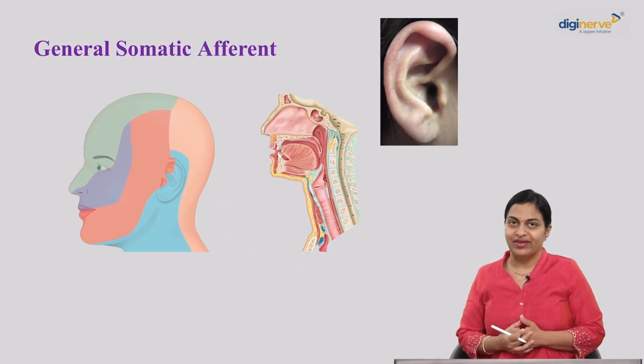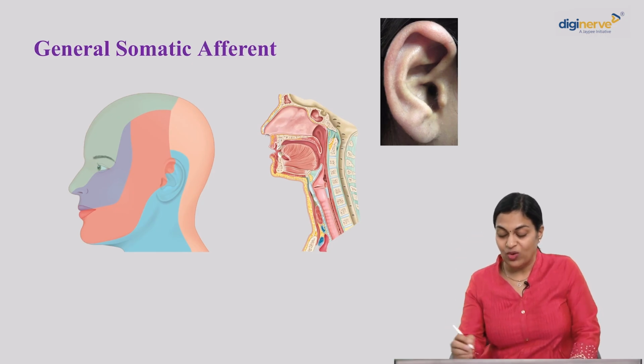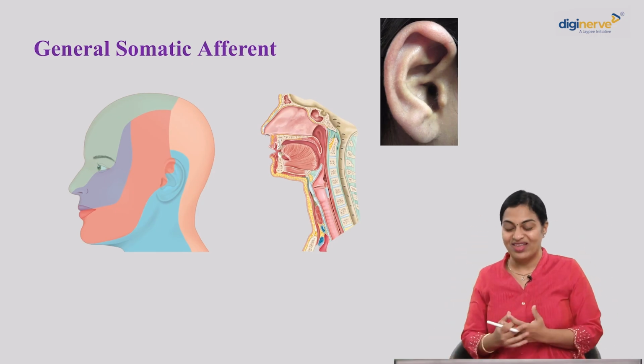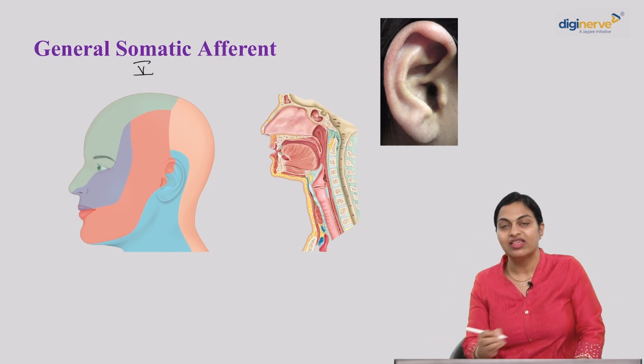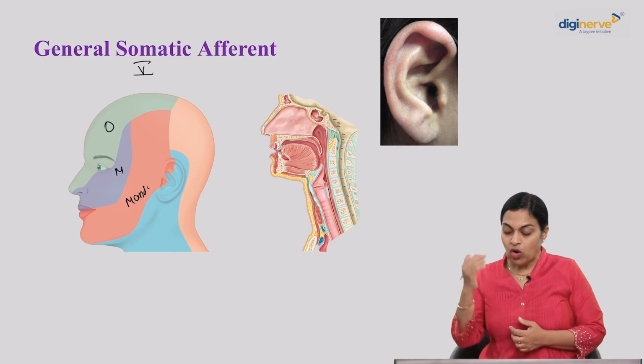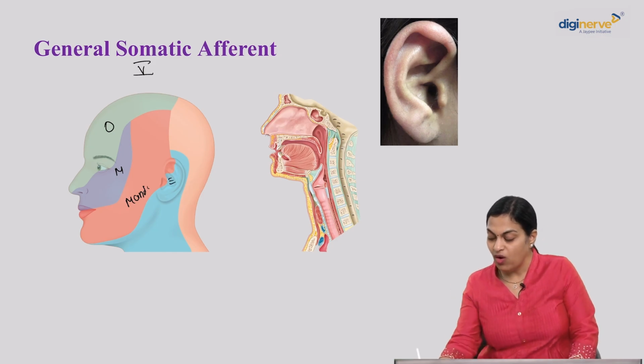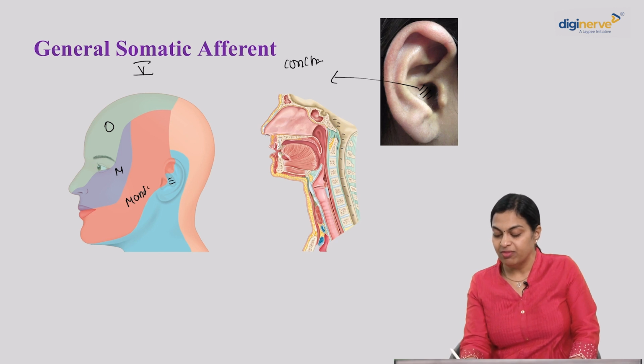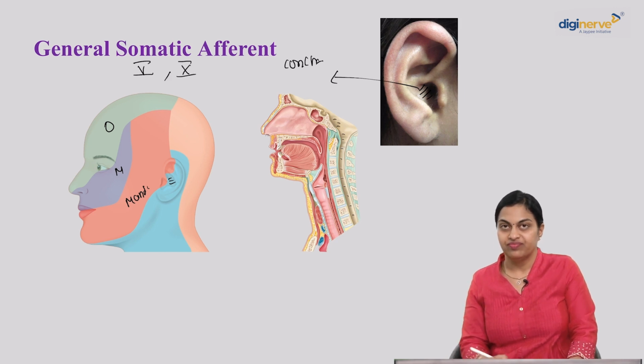General somatic afferent, especially, okay, the sensation from the face is carried by the trigeminal nerve, the ophthalmic, the maxillary and the mandibular division of the trigeminal nerve. Also the concha of the ear, okay, is innervated by the 10th nerve.